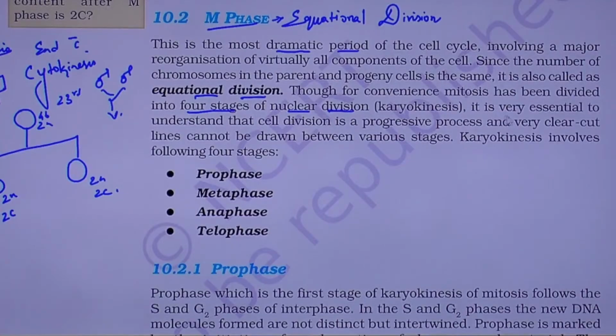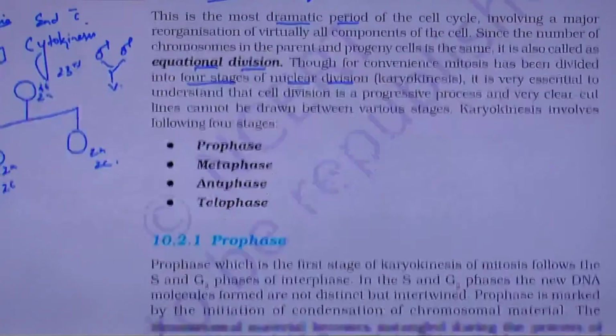It is very essential to understand that cell division is a progressive process and very clear-cut lines cannot be drawn between various stages. Karyokinesis is an essential stage to understand cell division very clearly, and it involves 4 stages: prophase, metaphase, anaphase and telophase.